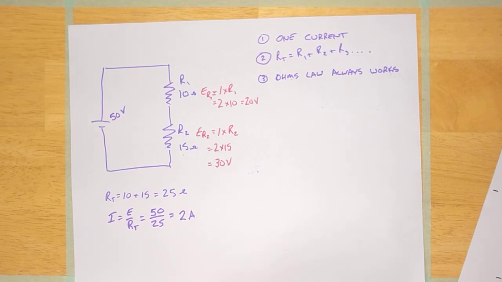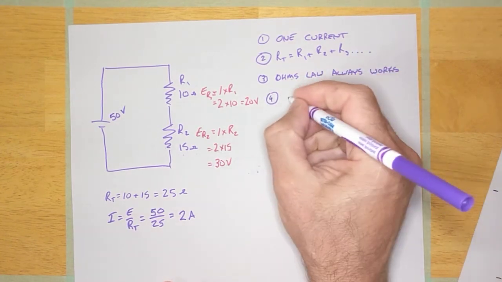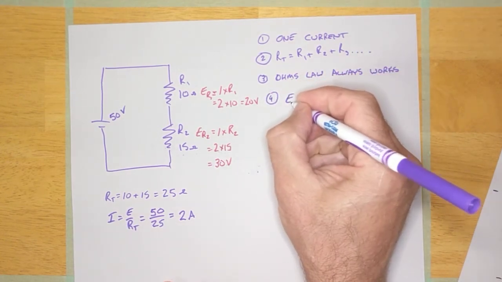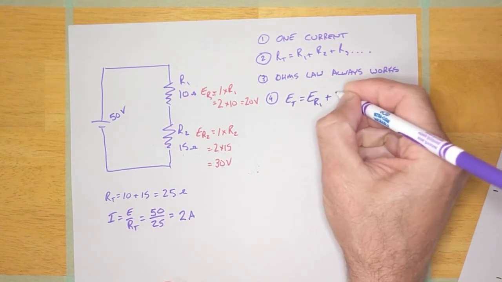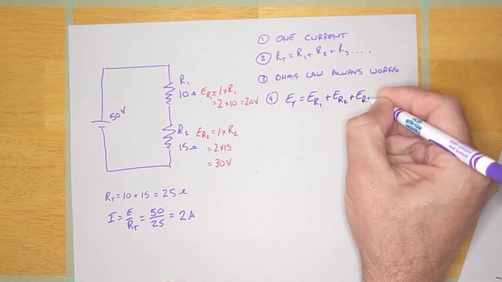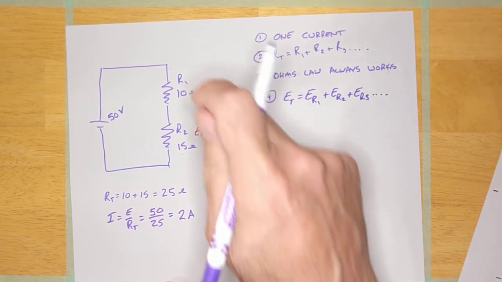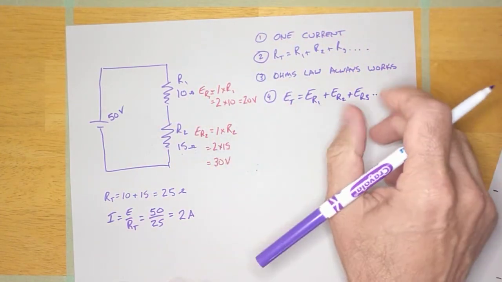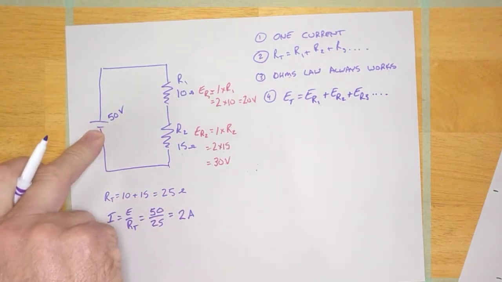The last rule for series circuits, guys, is going to be this one right here. E total is going to be ER1 plus ER2 plus ER3 if there are more. It just means that in every single series circuit, the sum of the voltage drops is going to equal the sum of the voltage rises, okay?